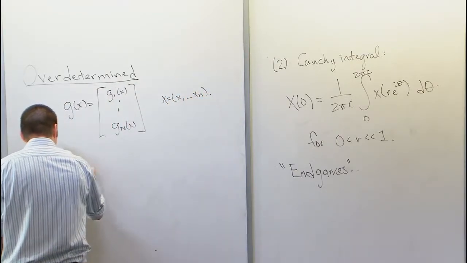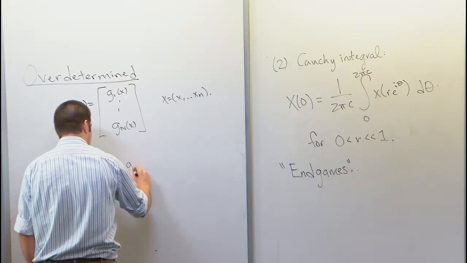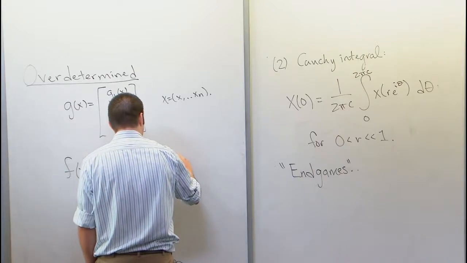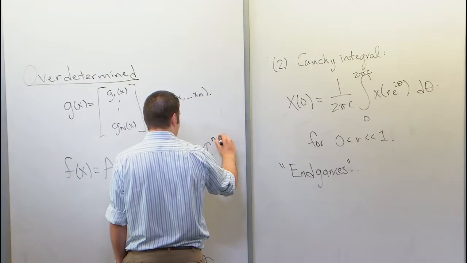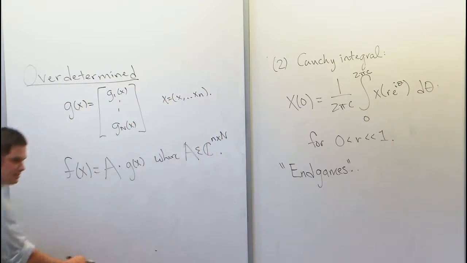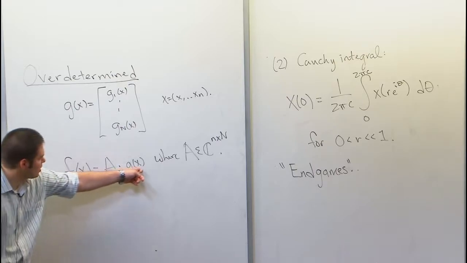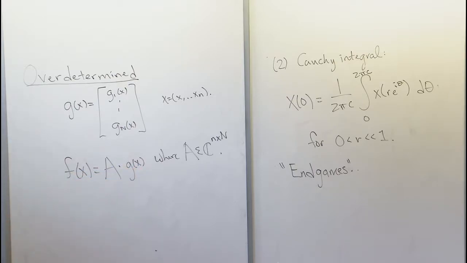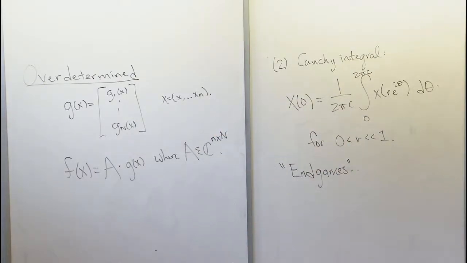And now look at this system: f equals A times g of x, where A is an n by n matrix. So now my f is a square system, so I can do all computations with f, whereas g is an overdetermined system. All right.